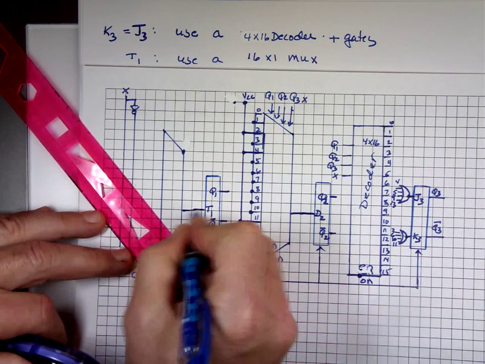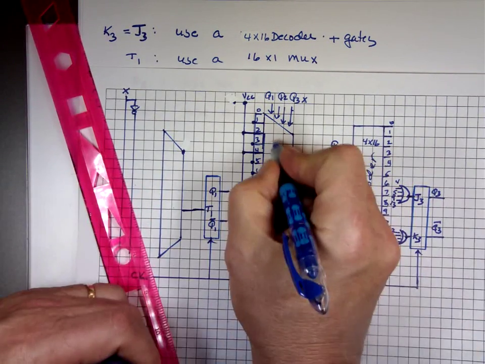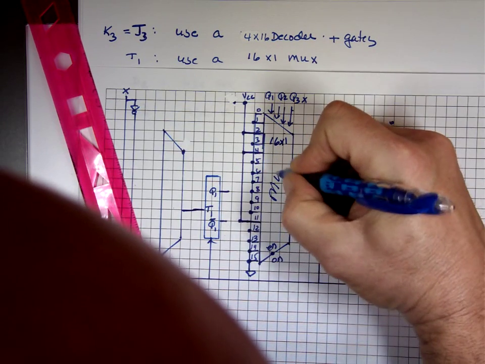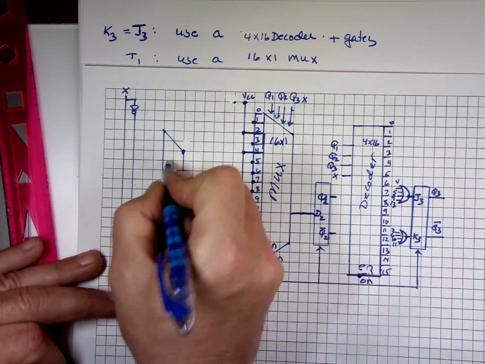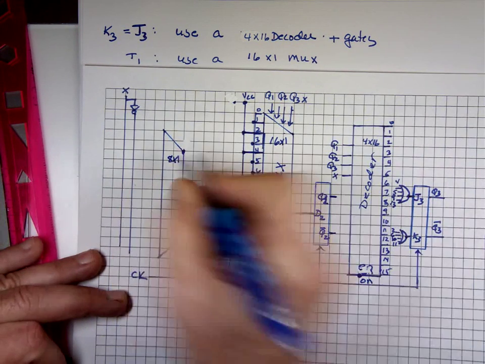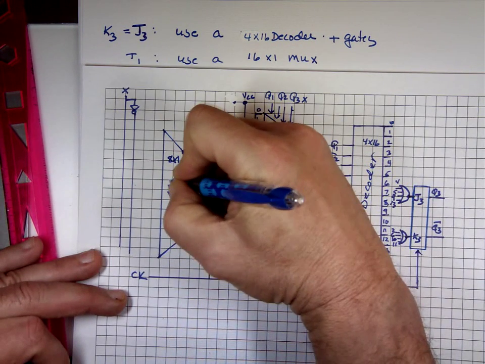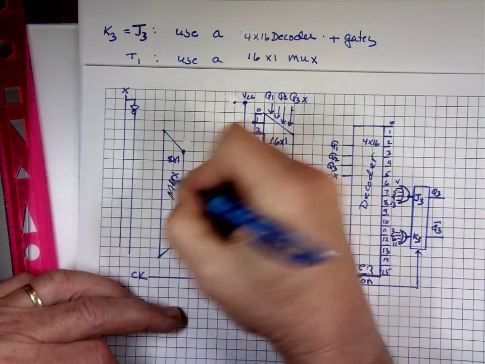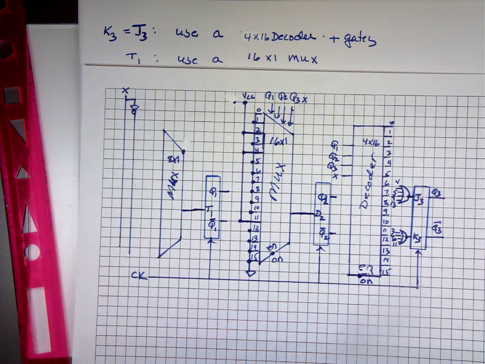This is 16 by 1 mux. This is 8 by 1 mux. Eight by 1. I'm squishing everything there.